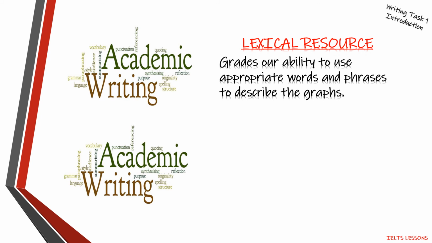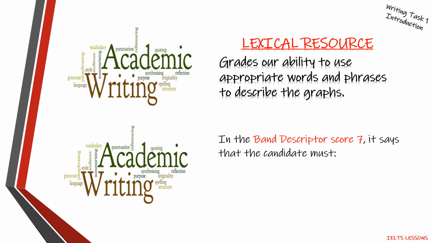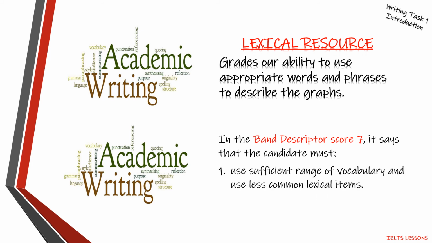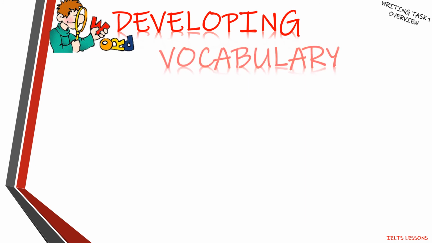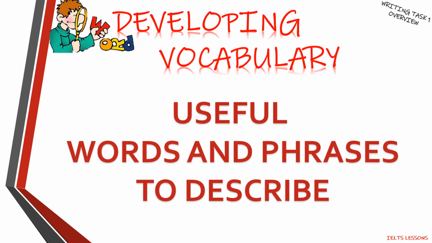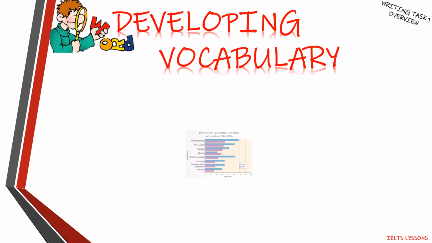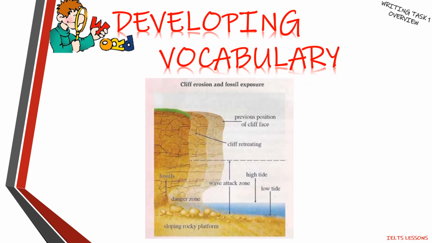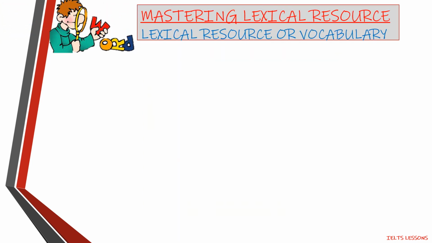Hence, in the band descriptor 7, it says that the candidate must use a sufficient range of vocabulary and use less common lexical items, which is why we need to memorize all the vocabulary, the useful words and phrases to describe data graphs.